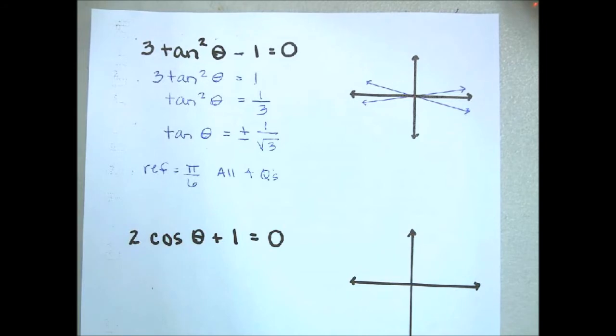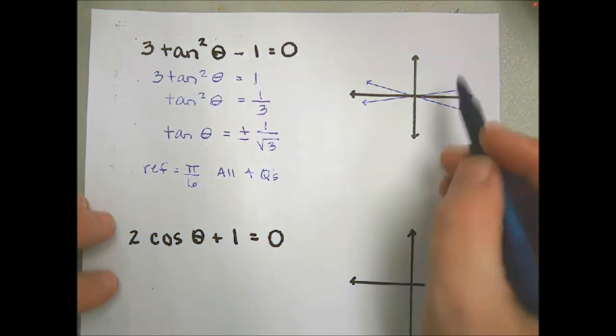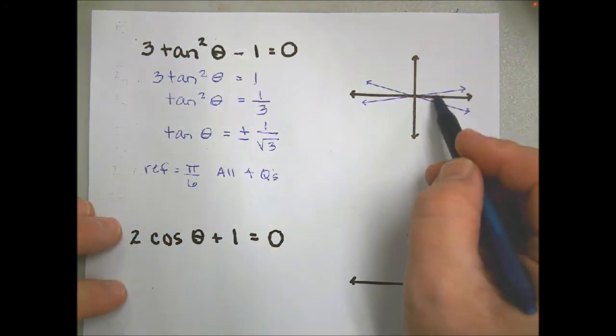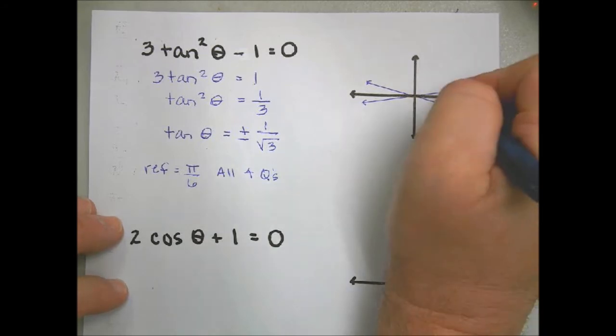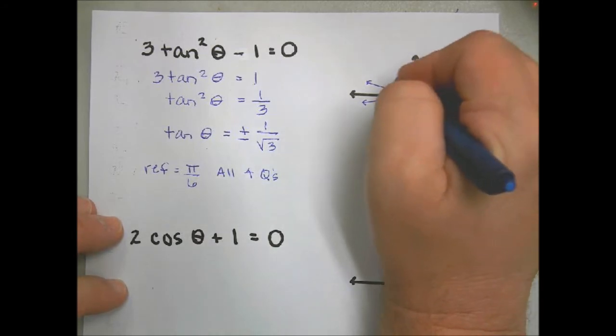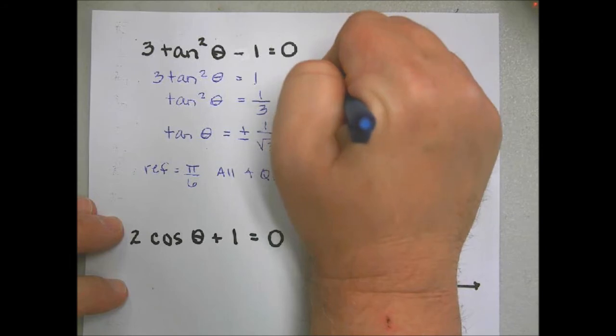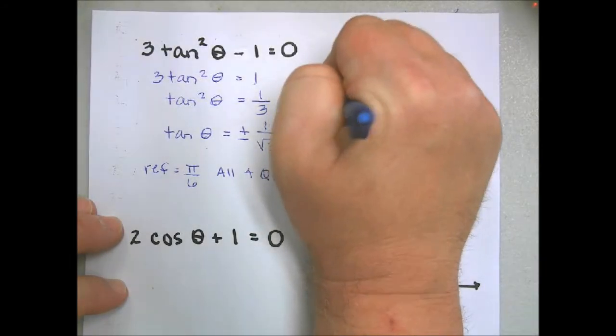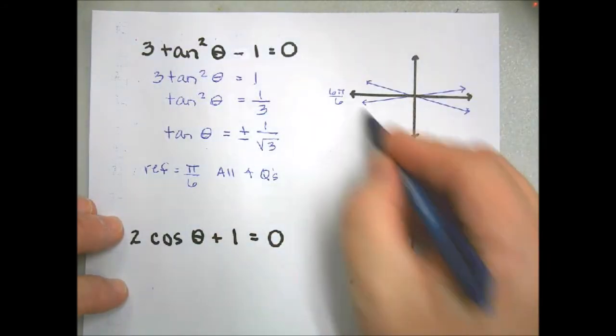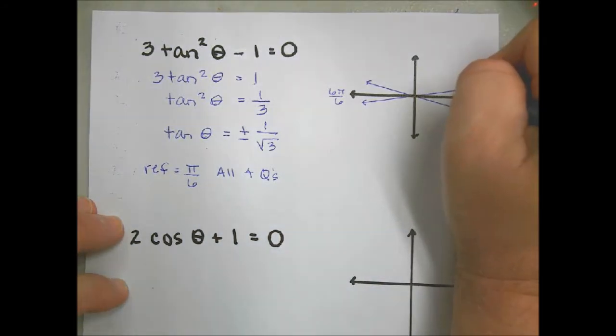Okay, so there we go. Each one of those angles is a pi over 6 angle. Now, if we go all the way over to 180 degrees, that would be 6 pi over 6. If we go all the way around again, we'd be at 12 pi over 6.